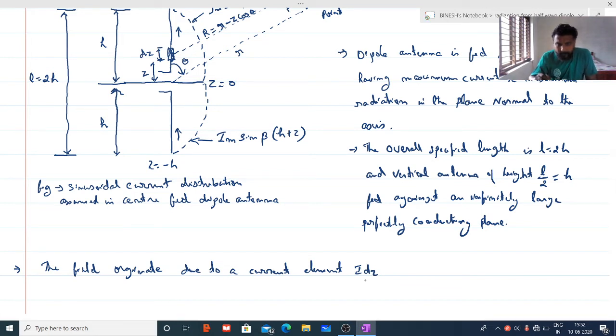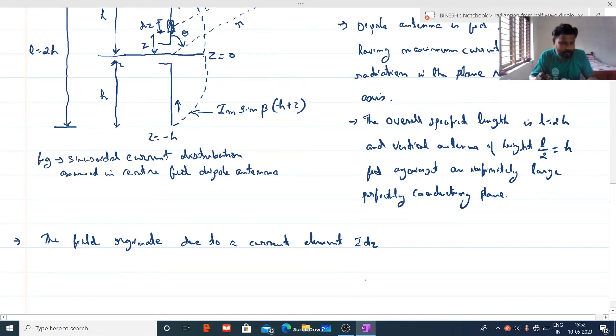The field will originate due to a current element. Okay, so that is correct. I think this is clear for you.